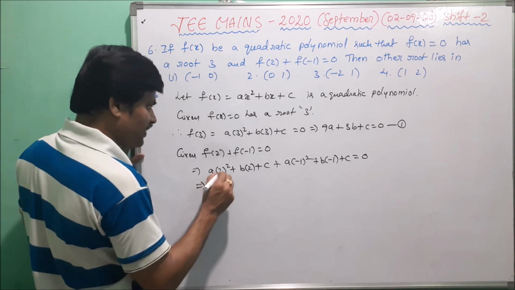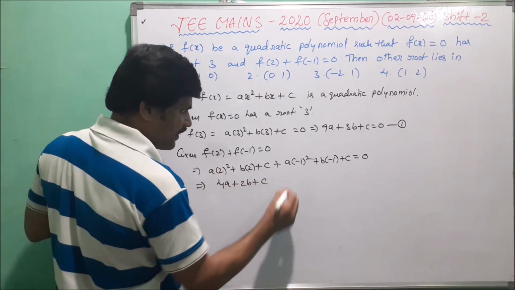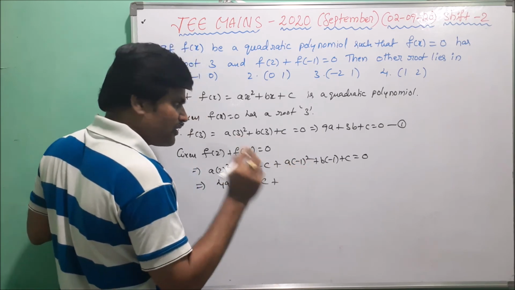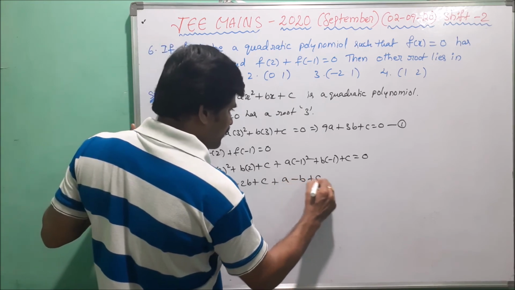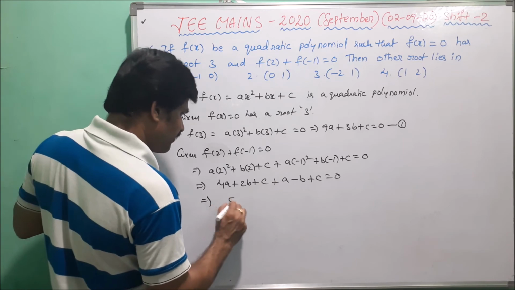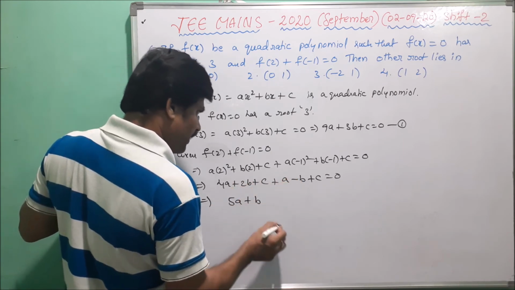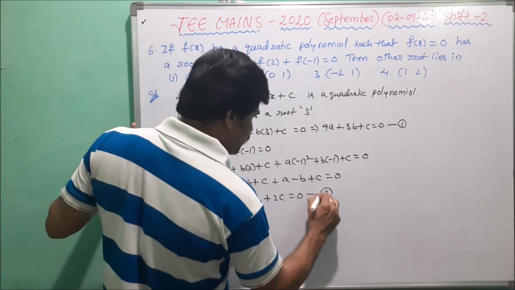Simplified, this is 4a plus 2b plus c plus a into 1, that is a, minus b plus c equal 0. So 4a plus a is 5a, 2b minus b is plus b, c plus c is 2c, equal 0, which is equation 2.